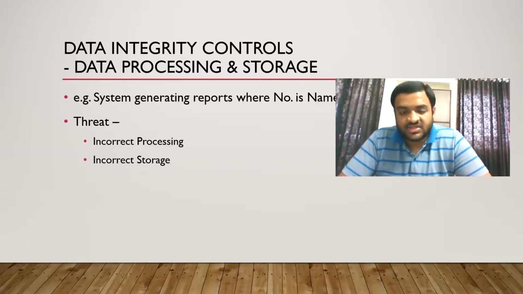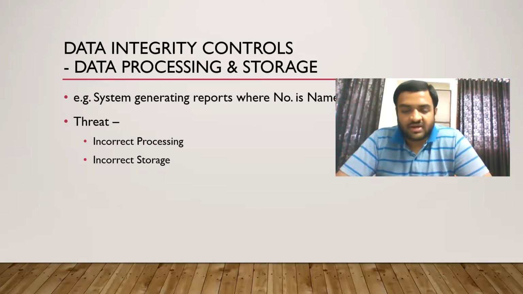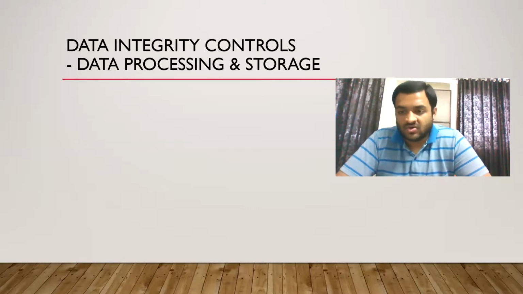Again the system generates reports where a number is a name. What is the threat? Incorrect processing and incorrect storage. The number will be stored as his name forever in the information system. What controls can you use?